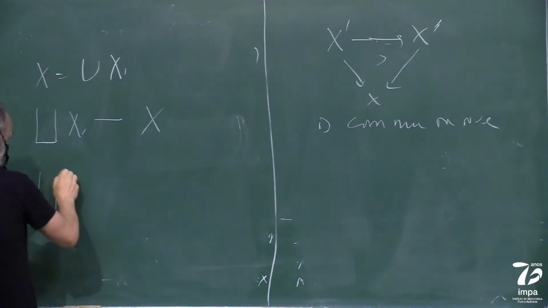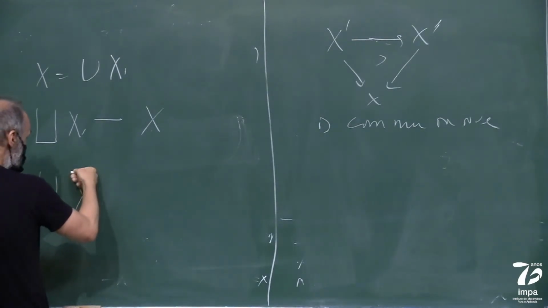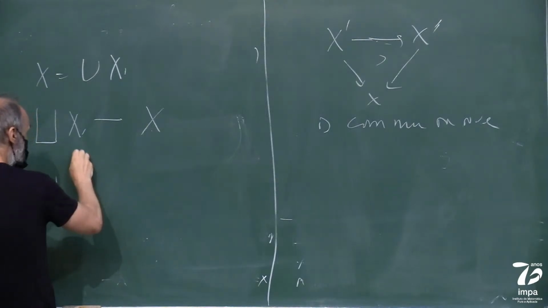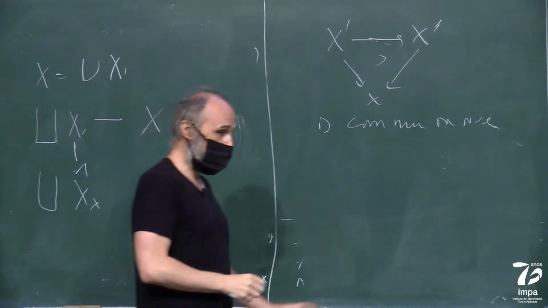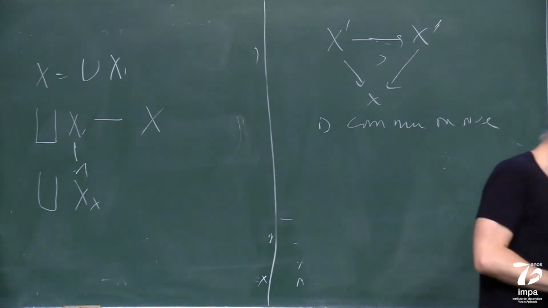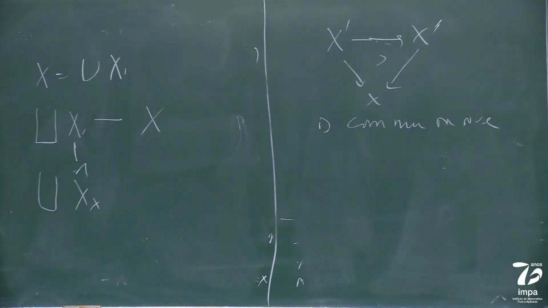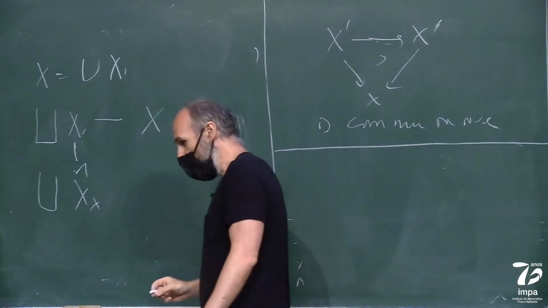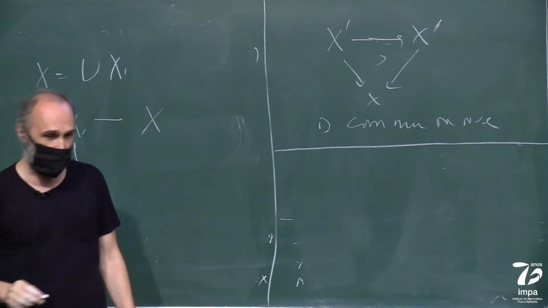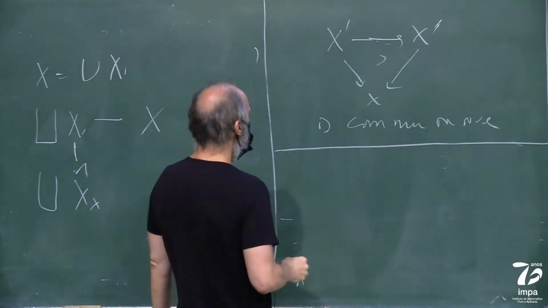You take the disjoint sum of normalizations of all xi, which is mapped there, and then you can check that this property is satisfied. So this gives you normalization for varieties which are not irreducible.